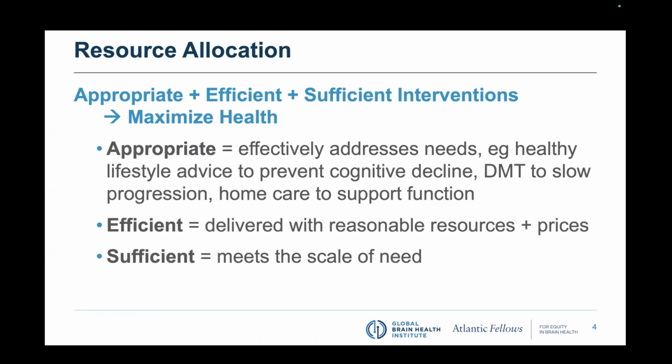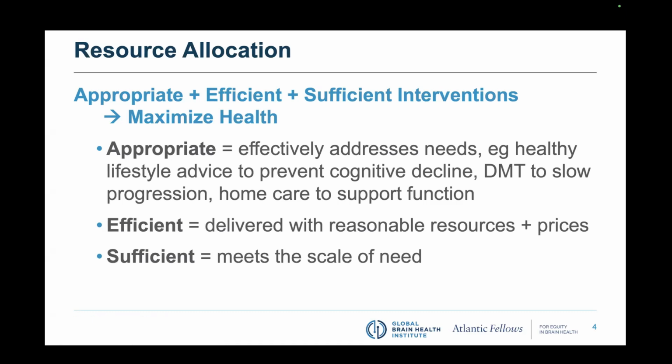We identify three characteristics. Appropriate means that the interventions effectively address needs. For example, healthy lifestyle advice to prevent cognitive decline, or a DMT to slow progression, or home care to support function. Second, we look for efficiency.